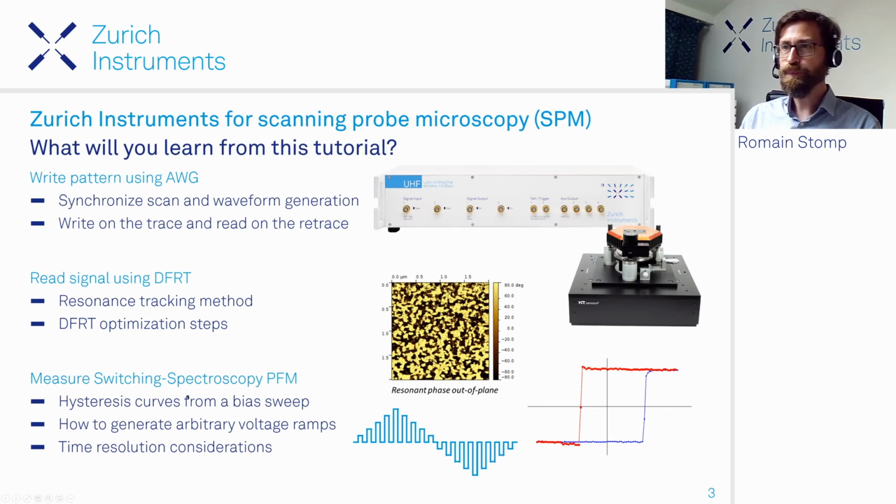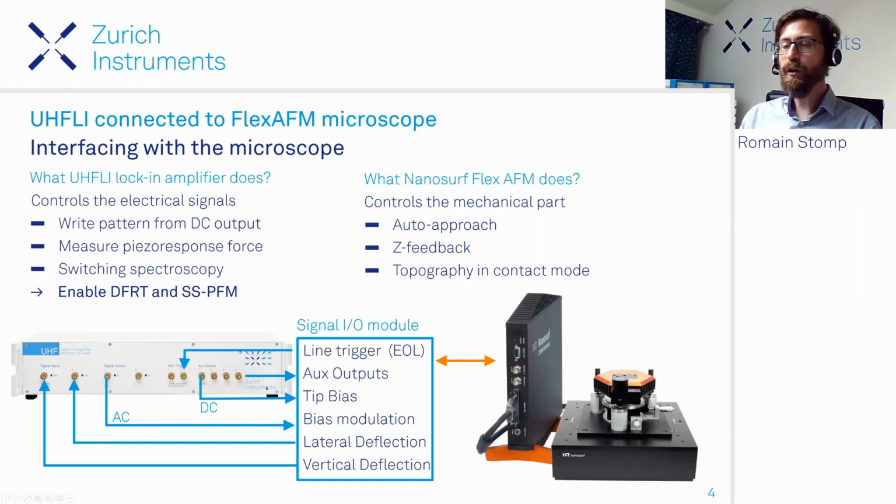In terms of how we connect everything, we usually start with some breakout module, signal access module, or some breakout box, to connect between the UHFLI and the microscope so that they can talk to each other. Typically you have some line trigger, or maybe I could have used the laser pointer here.